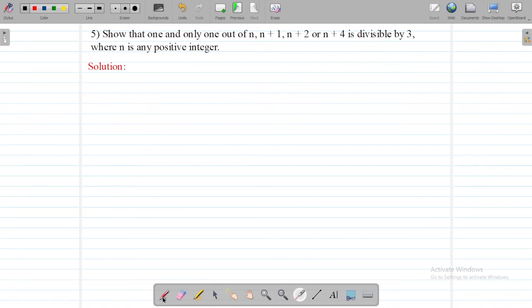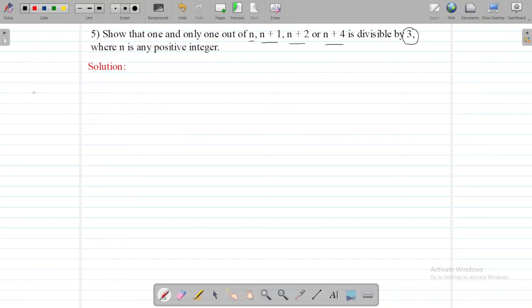So here we have to remember that there are values n, n plus 1, n plus 2, which we have to show that only one value is divisible by 3.